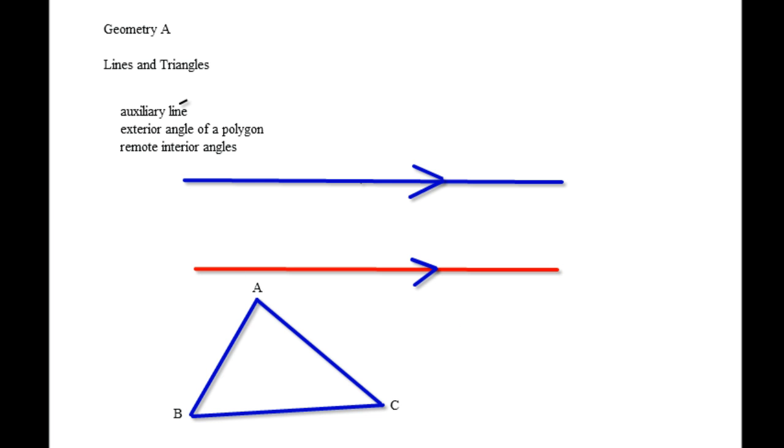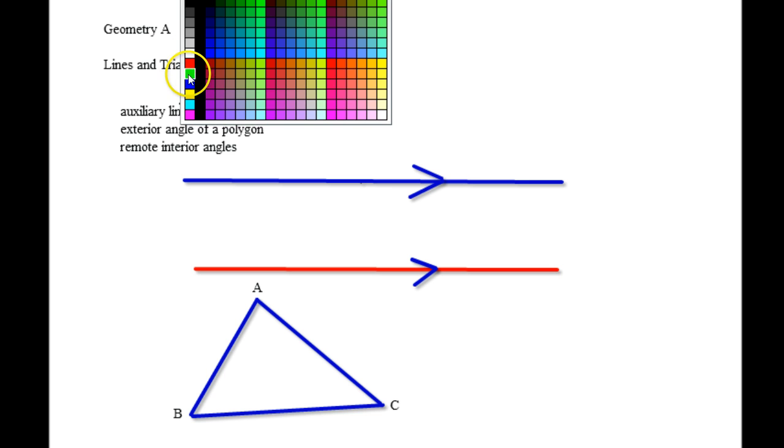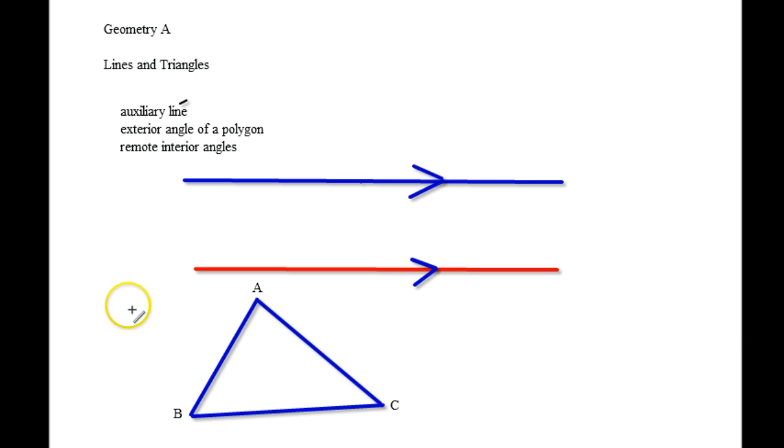Okay, and you would actually need to use an auxiliary line. Let's make it green. You would use an auxiliary line to be able to prove it. But long story short, here's a trick you can do to prove the angles inside of a triangle: the interior angles add up to 180.